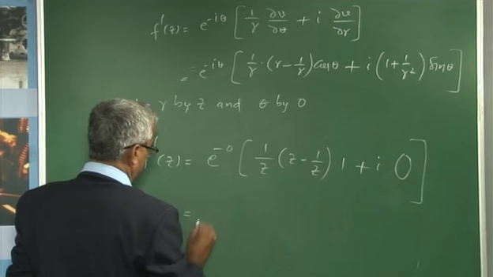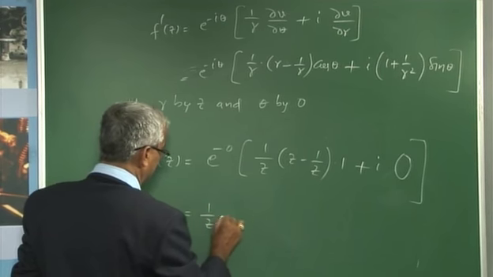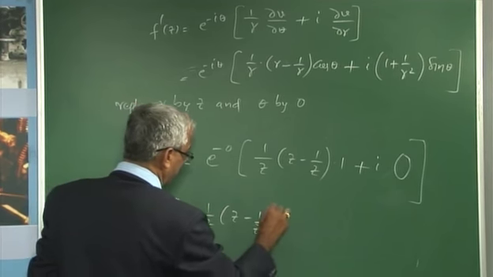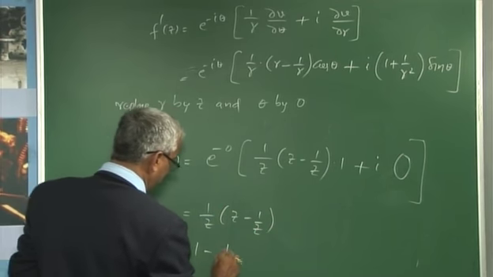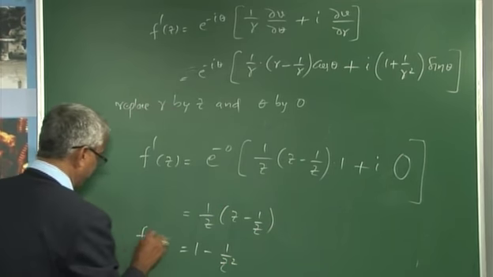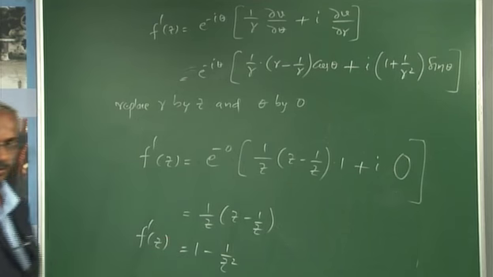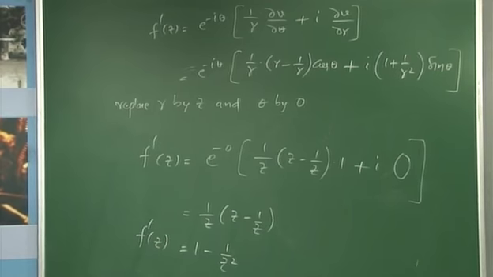This gives 1/z times (z minus 1/z), that is 1 minus 1/z². So f'(z) is equal to 1 minus 1/z².